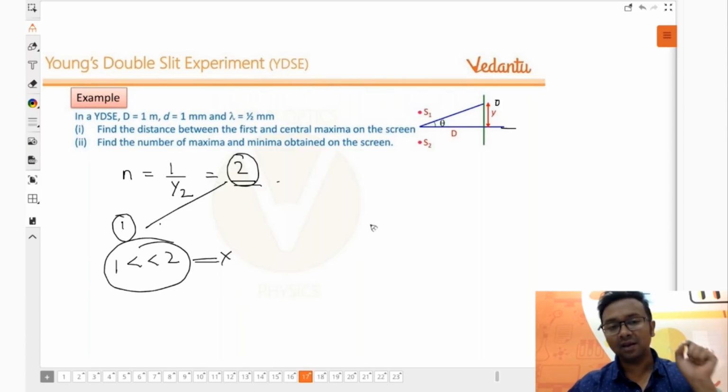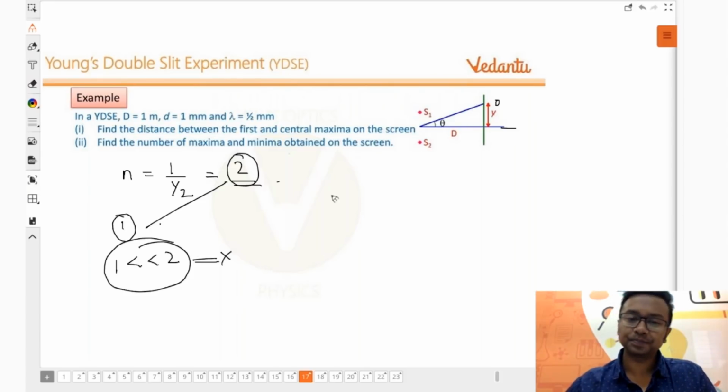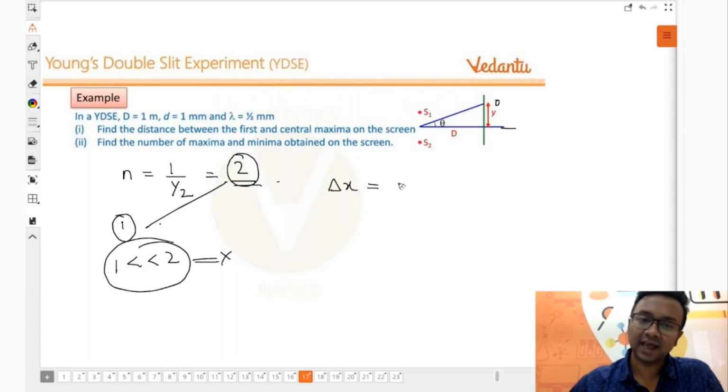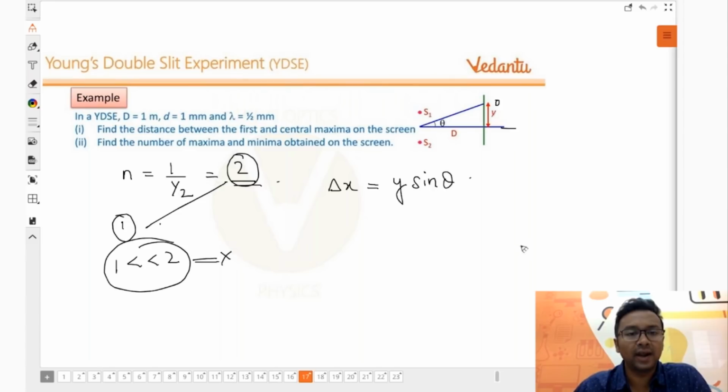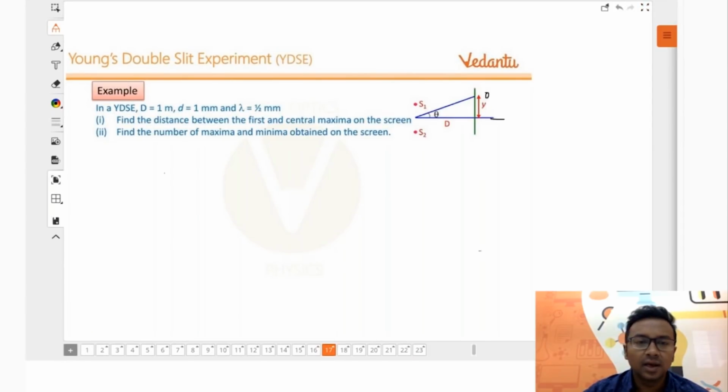Then what is going to be the value of your delta x? Now, in that case, my delta x is considered as, my dear students, d sine theta.